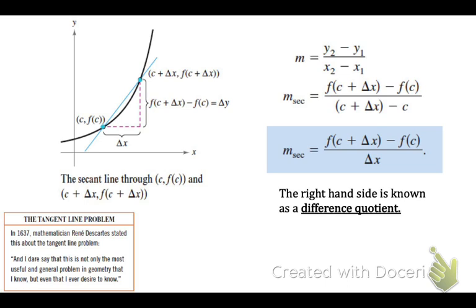Once. Okay? So we have the slope between c and f of c, and then c plus the change of x, just moving it over on the x-axis, correct? And then plugging that in. Isn't slope y2 minus y1 over x2 minus x1?